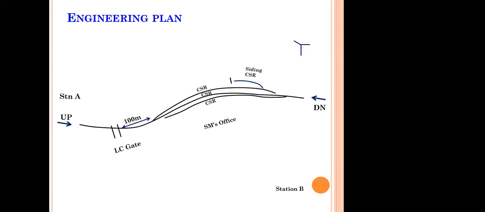Then we'll be coming with the distances, the inter-distances between station A and station B and station C, the adjacent stations, at what distances these stations are. Then we'll be coming with the station master's room, where we'll be keeping the operating panel to operate all the functions of the station, like points, signals, level crossing gates.